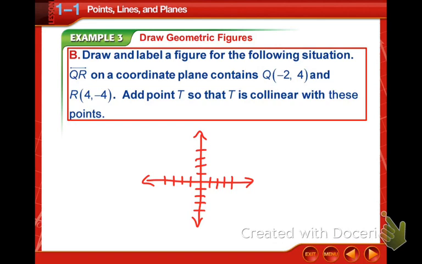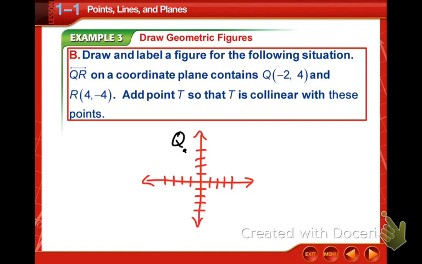It says that line QR is on the coordinate plane, and Q is at negative 2, 4. So negative 2 to the left, up 4. It's right here. That's Q.